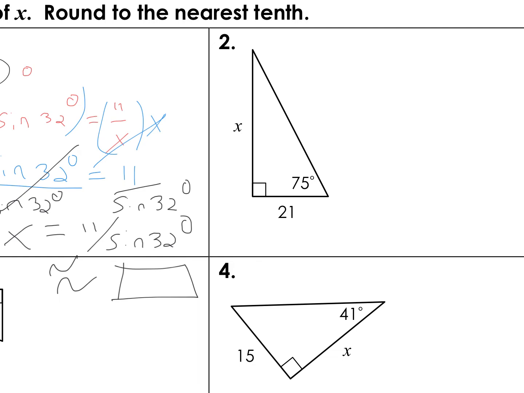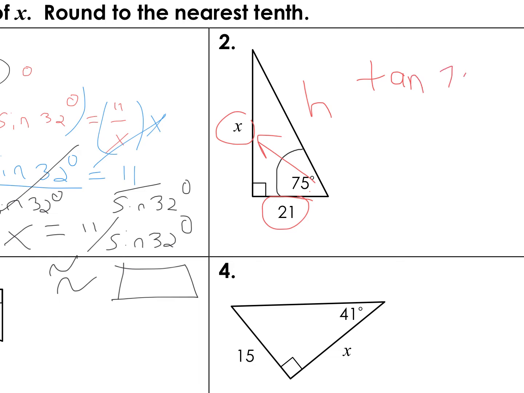This triangle's missing a side from that angle of 75 degrees. This side is opposite my 75 degrees. This side is adjacent. Notice hypotenuse isn't even listed. So it'd be better to find a trig function that uses opposite and adjacent. That would be your tangent.